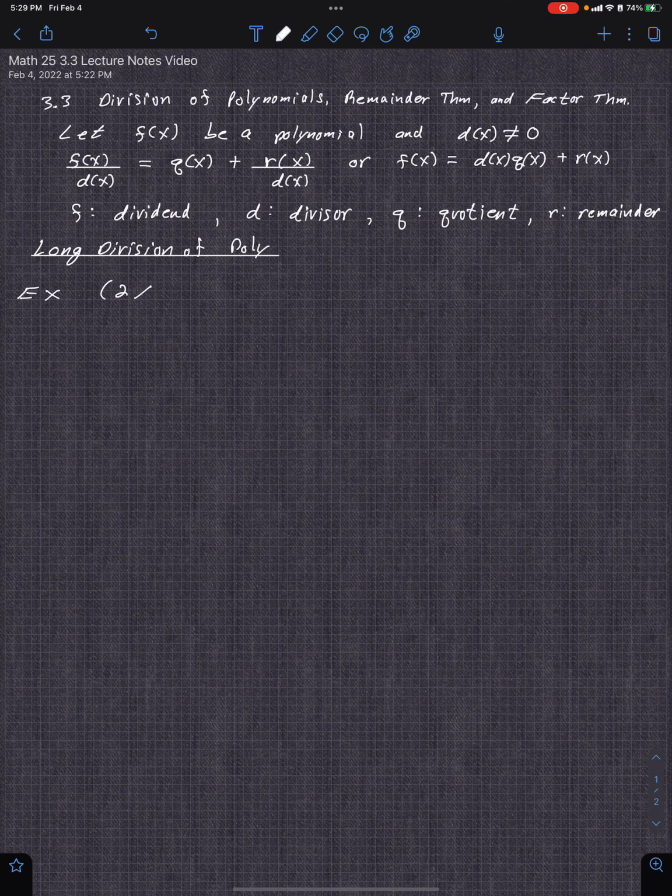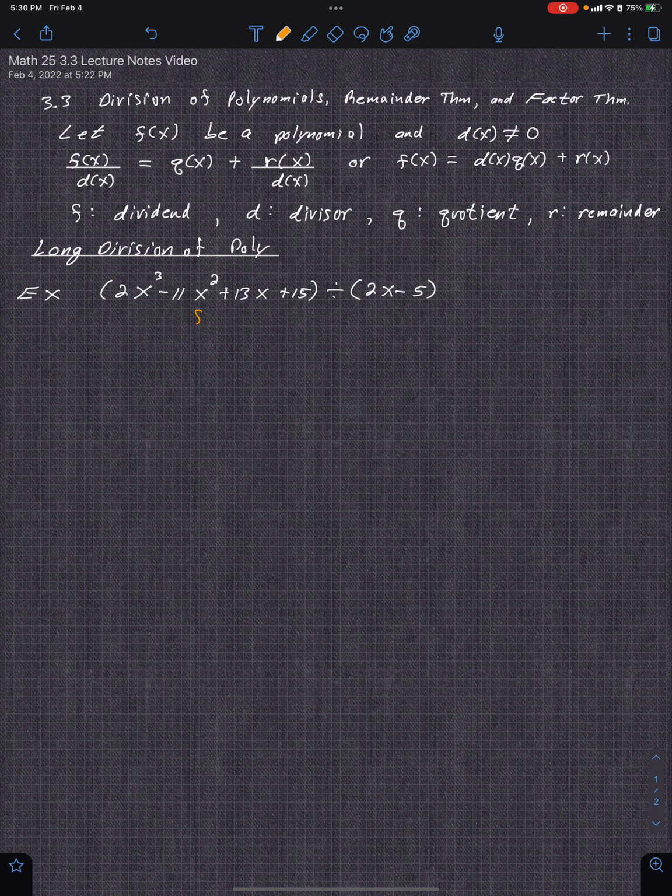So let's just jump right to an example. Let's suppose we take 2x cubed minus 11x squared plus 13x plus 15, and we're going to divide that by 2x minus 5. Then what we have is this form.